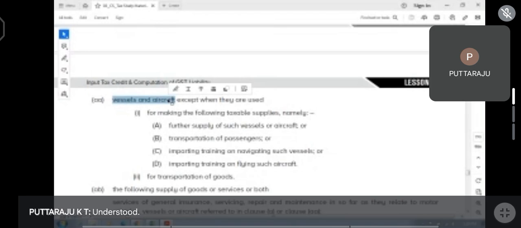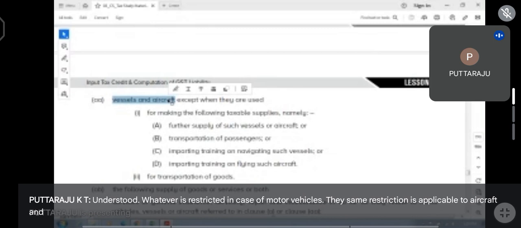Understood? Whatever is restricted in case of motor vehicles, the same restriction is applicable to aircraft and vessels also.